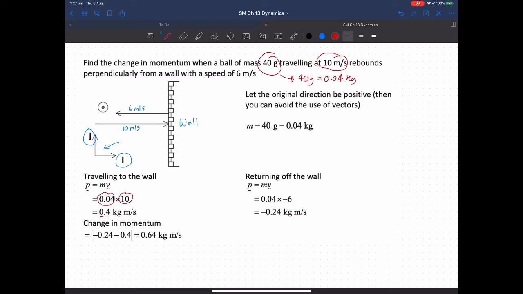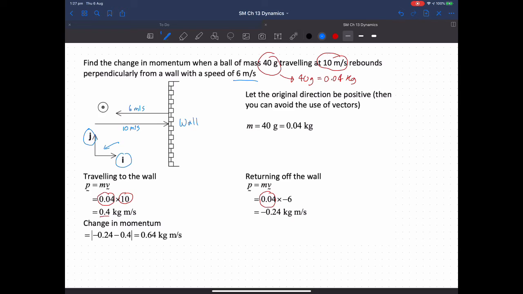What we also have is the bouncing back off the wall. So again, this is going to be a calculation of momentum. What we can see is that we have momentum equals mass times velocity. We have the mass of 0.04, that has not changed. What has changed though is the velocity. Now our velocity is 6 metres per second. We're told that's a speed.